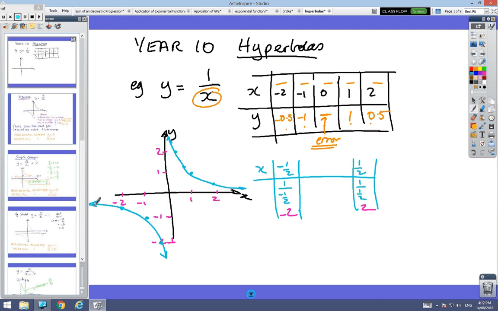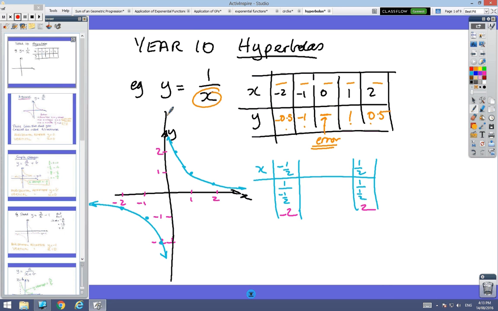Okay, but what happens is you can't actually get to the y-axis, and you can't actually get to the x-axis. So you get these broken curves. Broken curves, they're not joined, and they're on opposite sides of the axis.